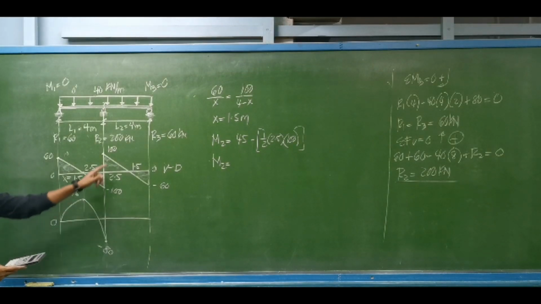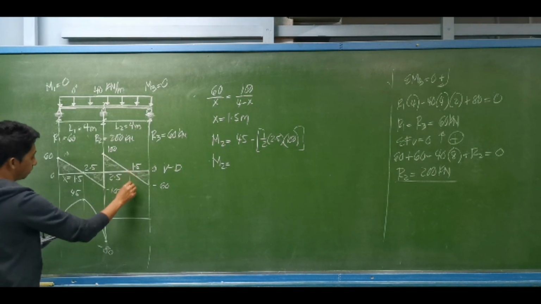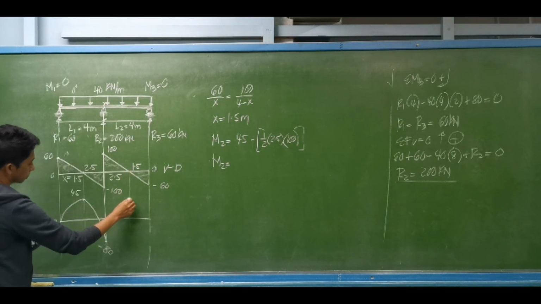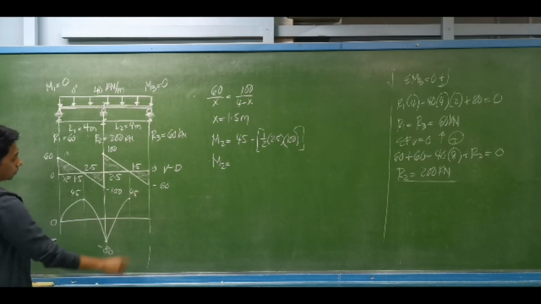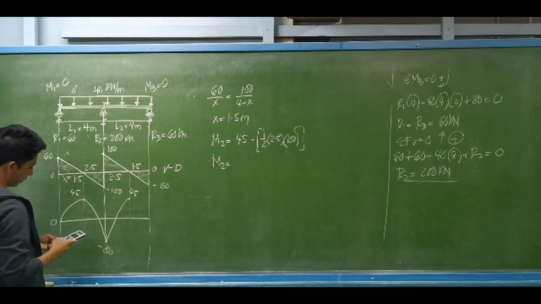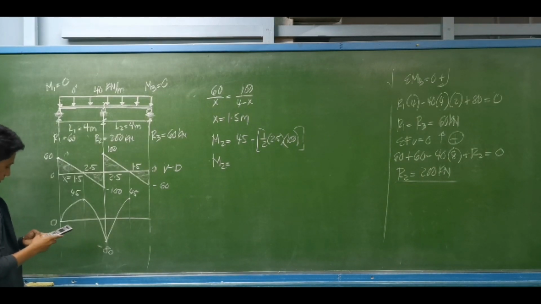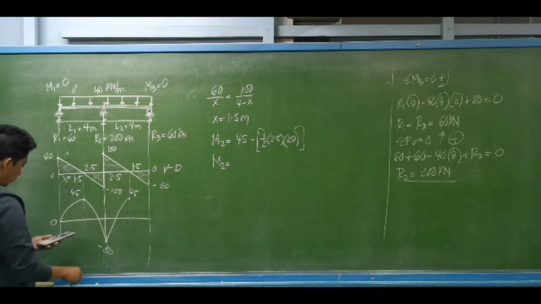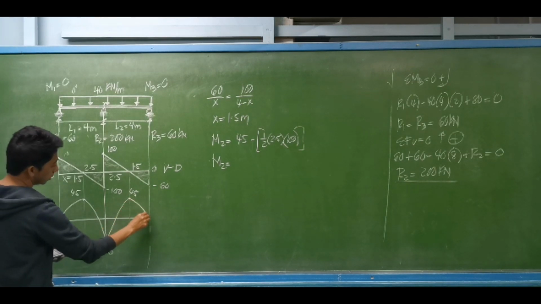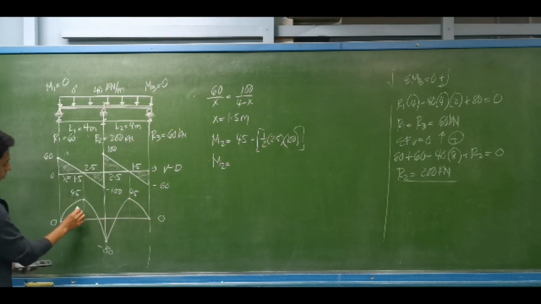Negative 80 plus 100 times 2.5 over 2, we have positive 45 kilonewton meters. Then minus 60 times 1.5 over 2, this is obviously equal to 0. So this is our moment diagram.